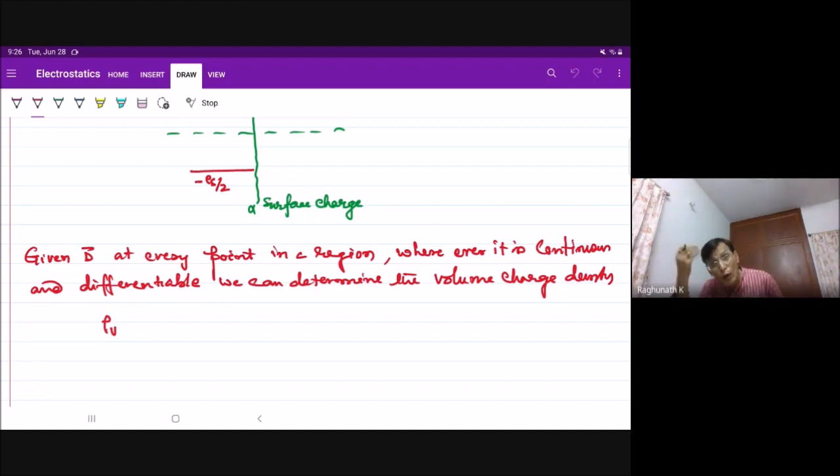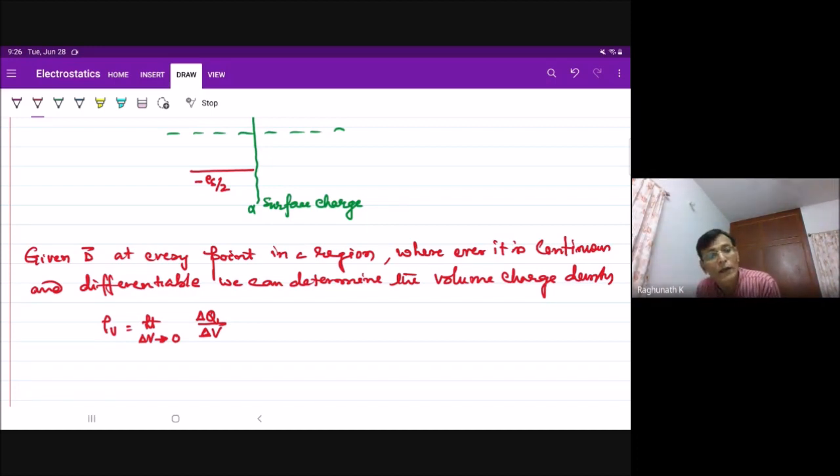Rho v at any point in any charged region is defined as the limit delta v tending to 0, differential volume, of delta q by delta v.